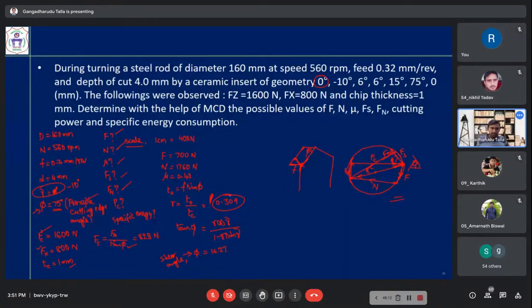Now PC. PC is cutting power. What is cutting power? Cutting force into cutting velocity. So what is FC? FC we anyhow have, 1600, into V. How do you get V?